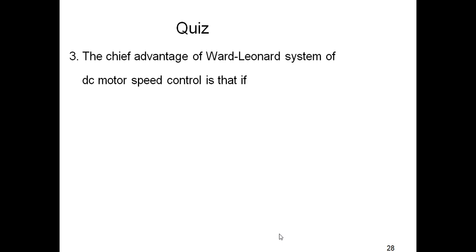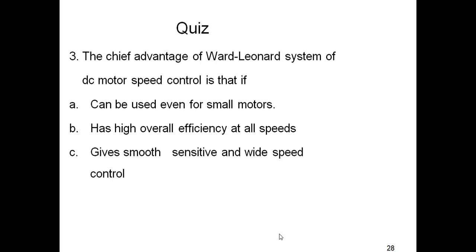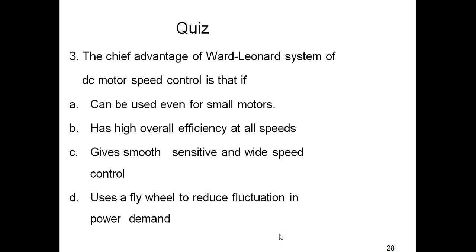The third one, the chief advantage of Ward Leonard system of DC motor speed control is that it: option A, can be used even for small motors, option B, has high overall efficiency at all speeds, option C, gives smooth, sensitive, and wide speed control, option D, uses a flywheel to reduce fluctuation in power demand.